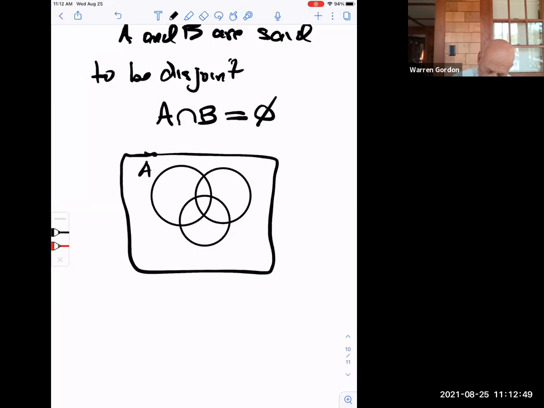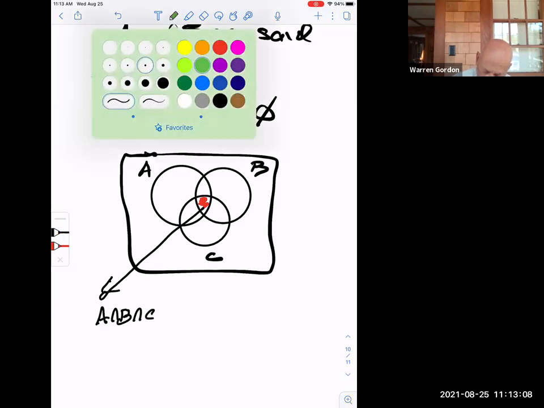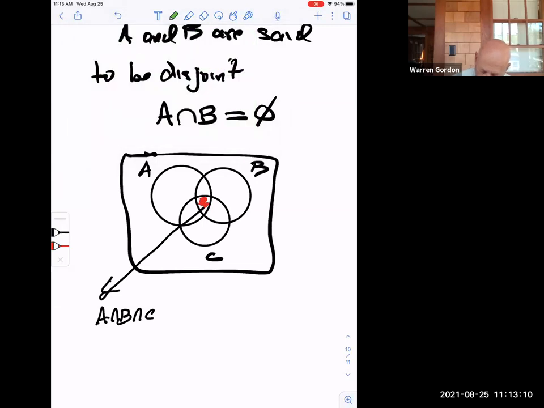Okay, so let's suppose this is A, this is B, this is C. Notice this region right here. That would be A intersection B intersection C. How would I describe this region? Well, it's out of A, and it's in B, and it's in C. So I can describe that region pretty easily.